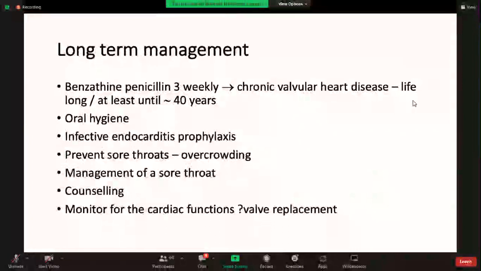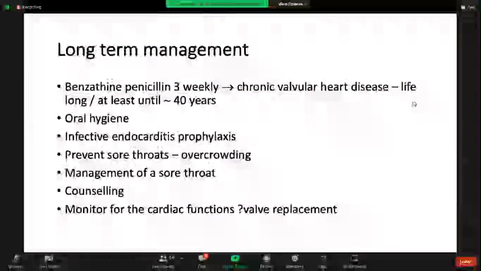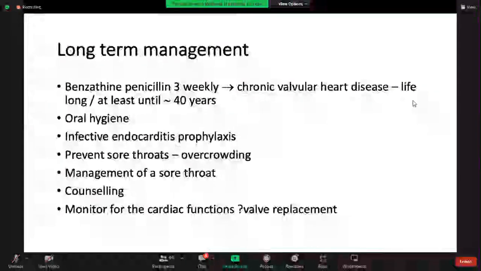But sometimes in adolescent age groups, they are not very compliant with the injections because it's very painful, so we might need to change over to oral penicillin. Other than that, you have to advise on oral hygiene, give infective endocarditis prophylaxis, prevent sore throat, manage sore throat, and, as you mentioned, counseling.